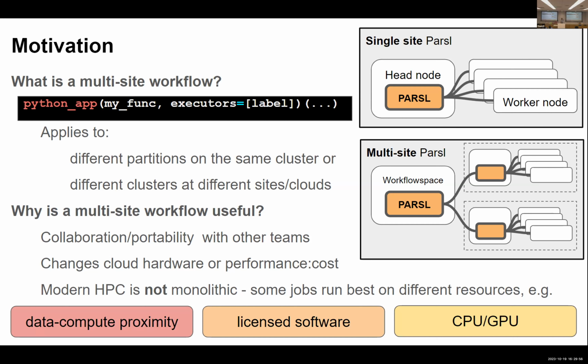You can test it, you can collaborate, you can take advantage of changes in cloud hardware or performance-to-cost ratios, as well as the fact that modern HPC is not monolithic. Some jobs run better on different resources, depending on your data-compute proximity, licensed software, or CPU/GPU availability.